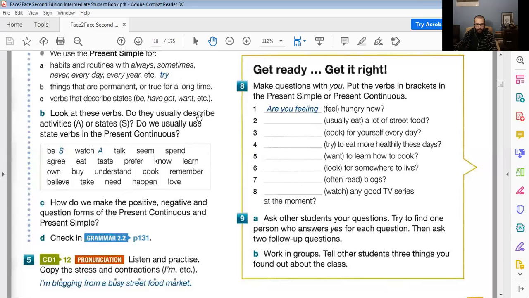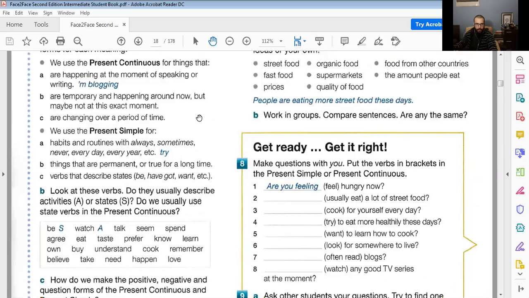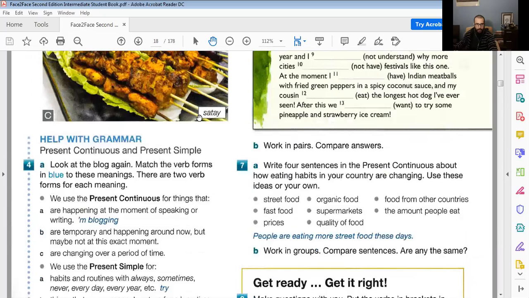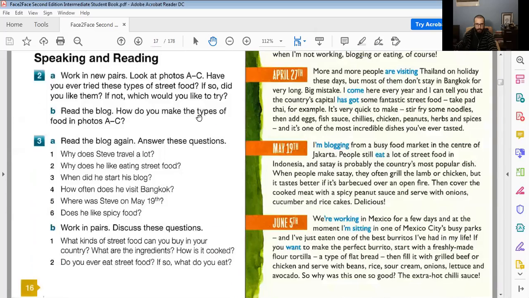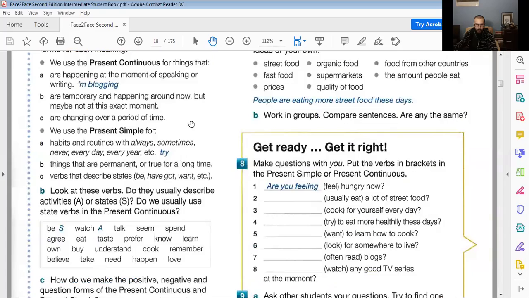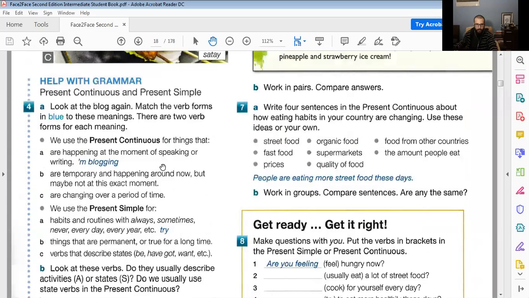In our previous lesson, we talked about state verbs and activity verbs, and this was part of the three different ways we can use the present simple and the present continuous.